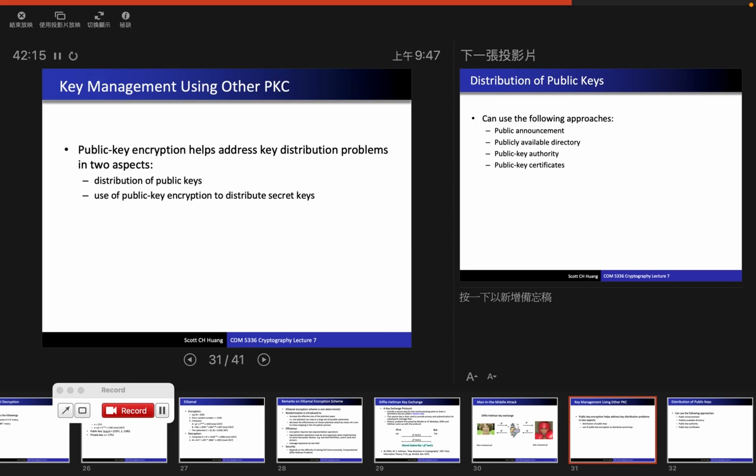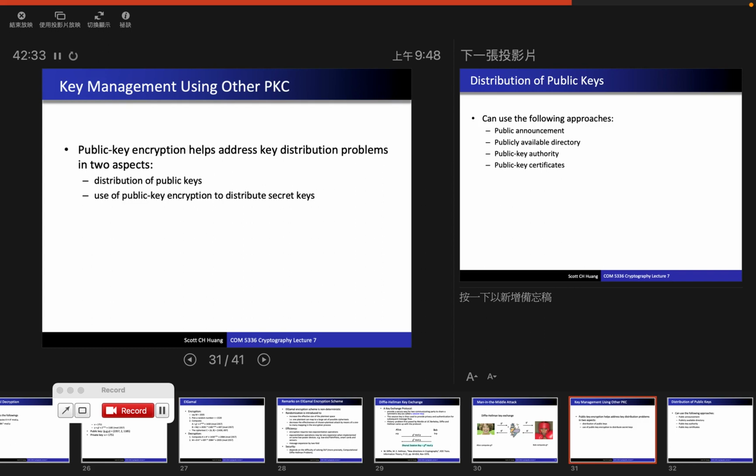So this can be openly sent as an email or something. Even though it can be intercepted by other parties, it doesn't matter. Okay. And also we can use public key encryption to distribute a secret key.